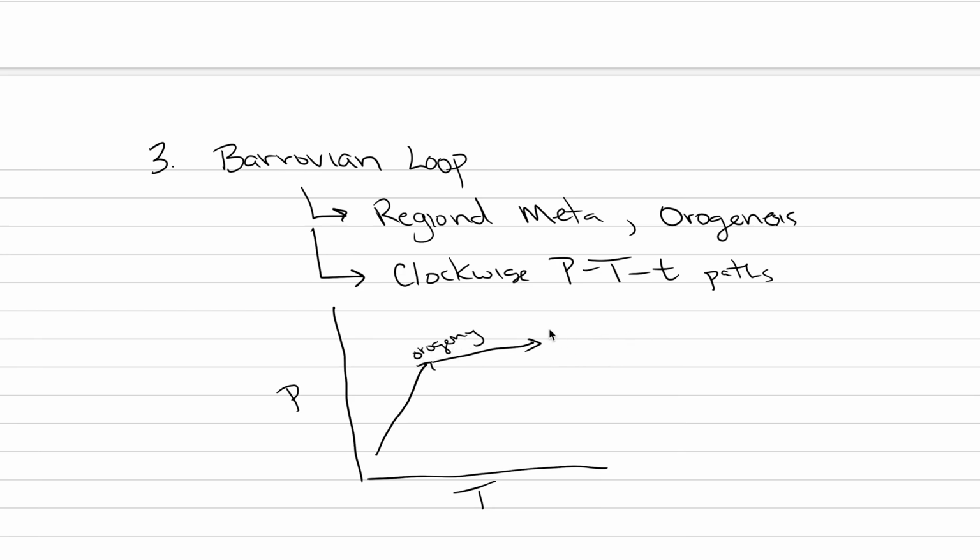Then we're going to reach peak conditions. Here's peak. Now we're going to start exhuming it, but it still heats up because of the thermal lag, and then eventually the exhumation continues and the rock kind of catches up on temperature and we get it to the Earth's surface.